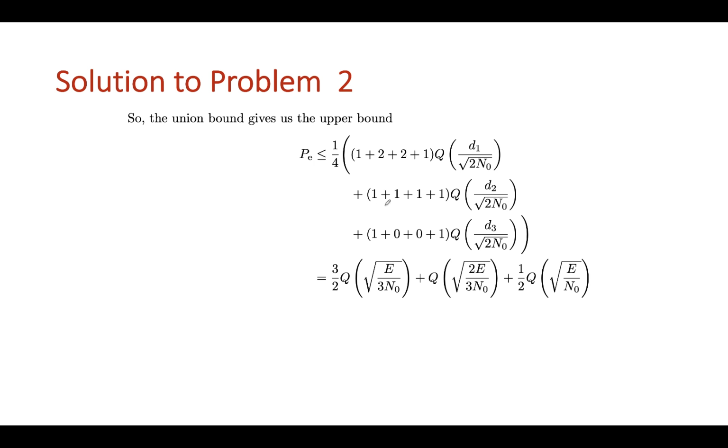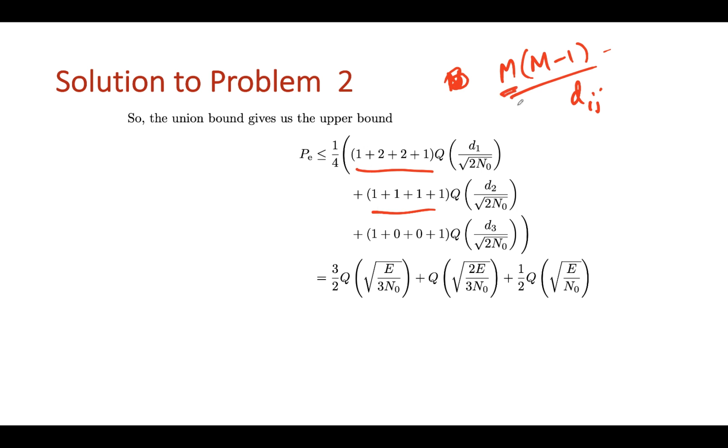So basically you had four signals. As you know, for the union bound, if you have m signals, then the union bound should consider m times (m minus 1) terms, all the pairwise distances. So this is the way of doing this. You can do this problem other ways also. You can see there are 12 terms.